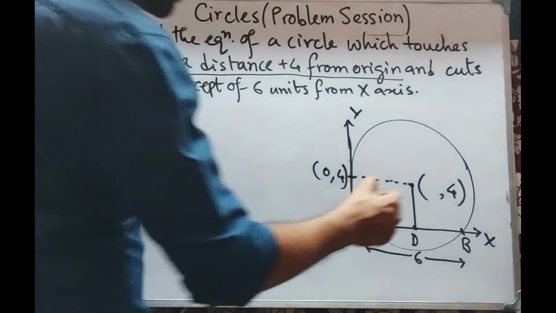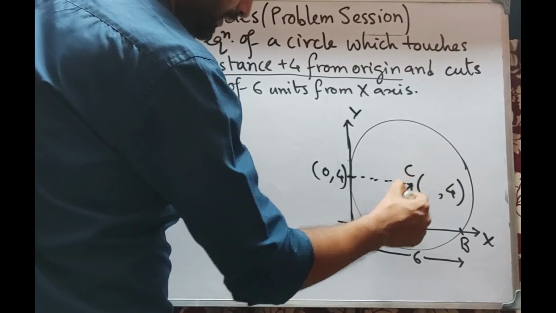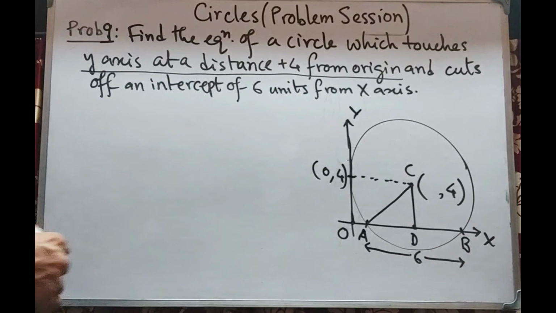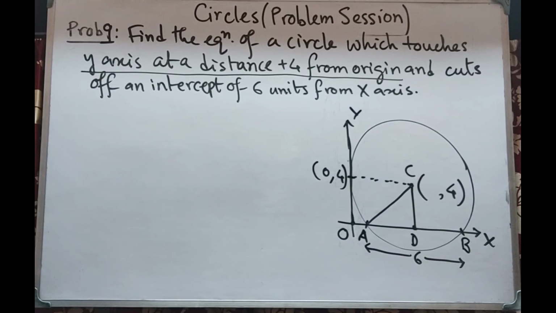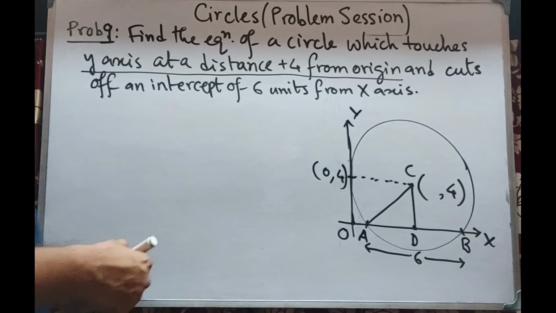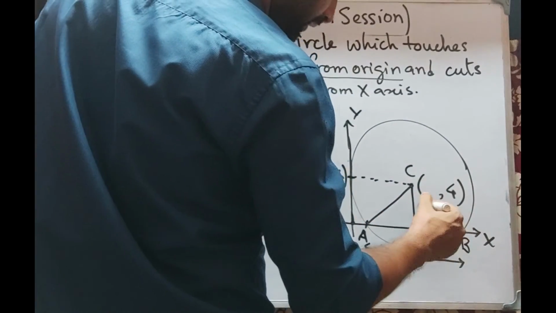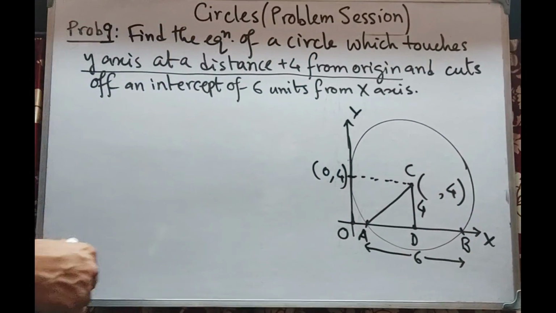So if I join the points C and A, CA is giving you the radius of the circle, and CD, you can see that CD is the y coordinate of the center, which is 4.